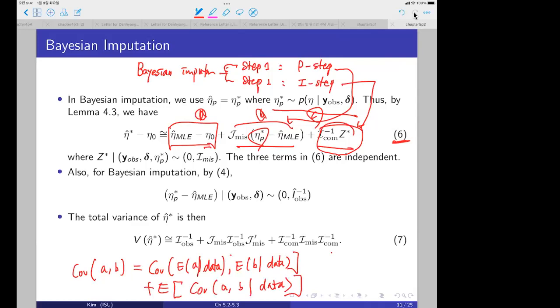The randomness is generating the parameter.